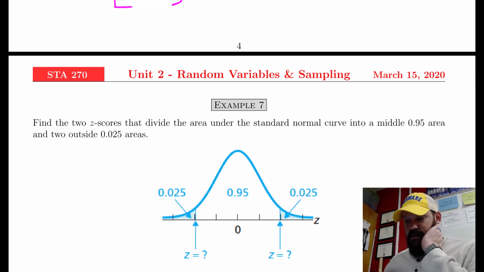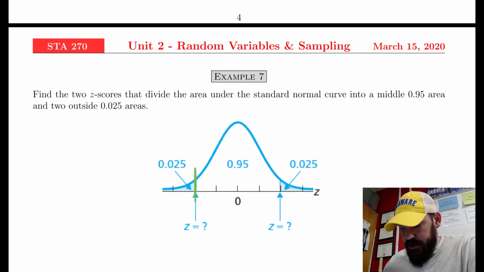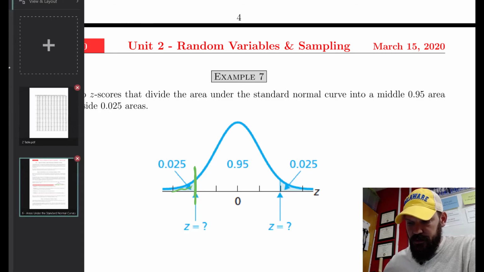For example 7, it says find the two z-scores that divide the area under the standard normal curve into a middle 0.95 area and two outside 0.025 areas. If I find the z-score that corresponds to this line right here, it gives me everything to the left, which would be 0.025. So let's compute that z-score first from the z-table. We're looking for 0.025.